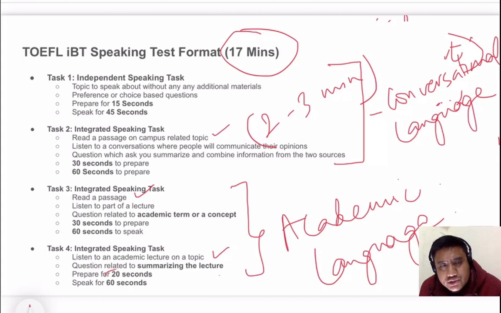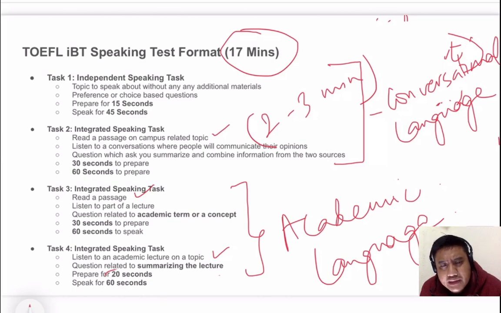The one thing I wanted to mention here is that you need to be aware of the transition: from when you have to read, to when you listen to a lecture, and then they'll have a beep, and then they'll give you time to prepare. In the exam hall, they'll also give you pen and paper to write some notes, so you can write notes and prepare during the preparation time.